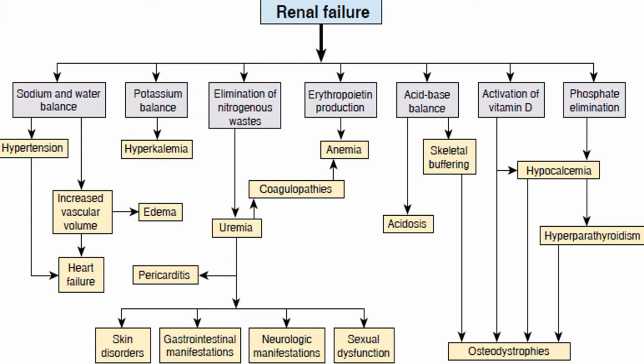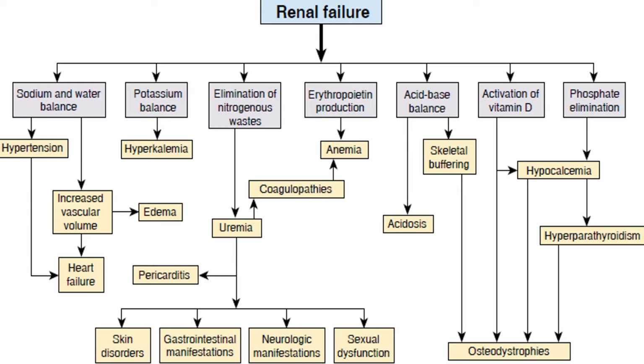If there are disorders of sodium and water balance, water accumulates in the body and forms hypertension. In hypertension, blood volume is increasing, forming heart failure. In time, vascular volume increases. If vascular volume increases, water accumulates in the extravascular and interstitial space and forms edema. If potassium balance changes, it forms hyperkalemia.